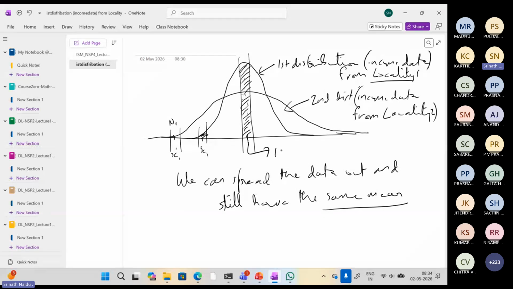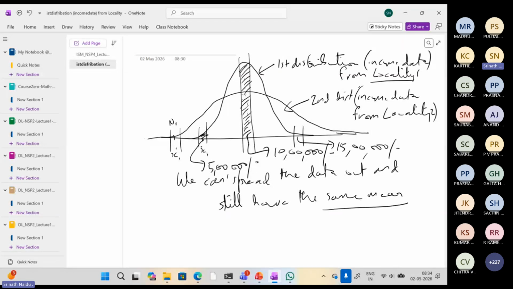Let's say this is 10 lakh rupees. Then we found that around 15 lakh rupees, there's pretty much nobody earning anything there. Nobody falls in the 15 lakh bracket. And then if you take the 5 lakh bracket over here, then again you see very few people falling into it. That's the data that you got from the first locality.